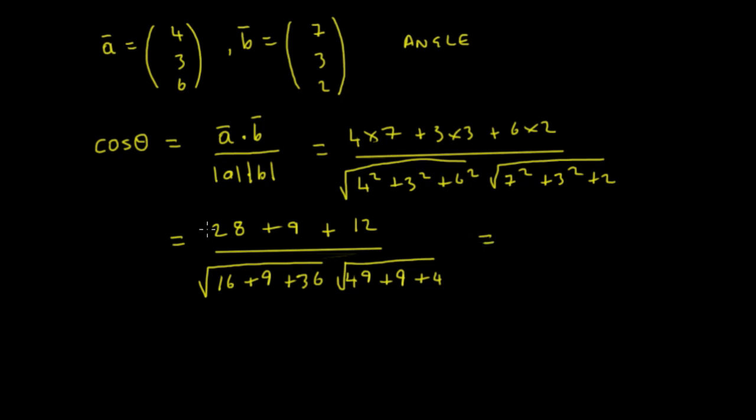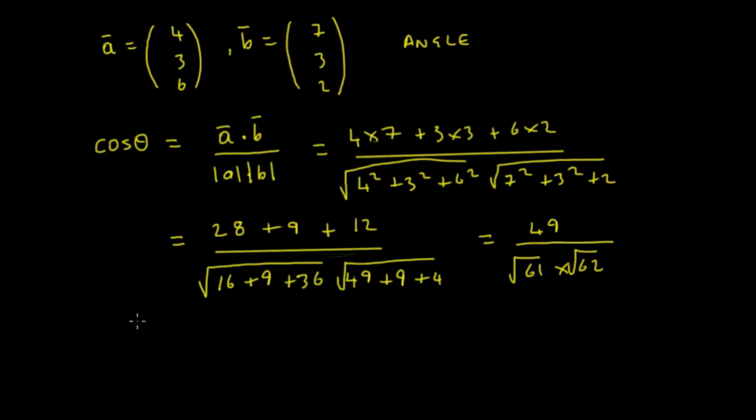So that's 28, 40, so that's 49, divided by root 61 (36, 45, 55, 61), times root 62 (49, 58, 62). So we can put this into our calculator, and this will give us the cos of the angle.